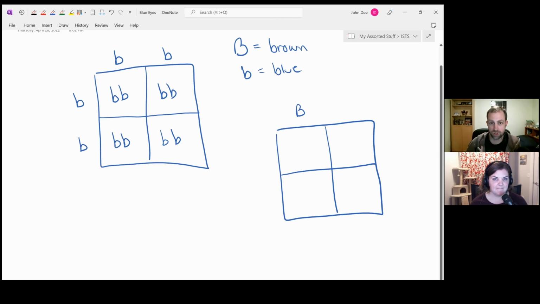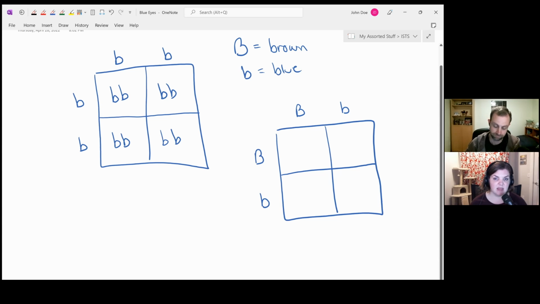All right. If someone had one copy of the gene that makes melanin, the brown pigment, and one copy of the gene that doesn't make the pigment, which would lead to blue eyes. Oh, so they could have a blue-eyed kid. I'll tell you how. If the other parent had one gene that makes melanin, which is a capital B, it would go on the left-hand side. And one gene that does not make melanin, it would be lowercase b.